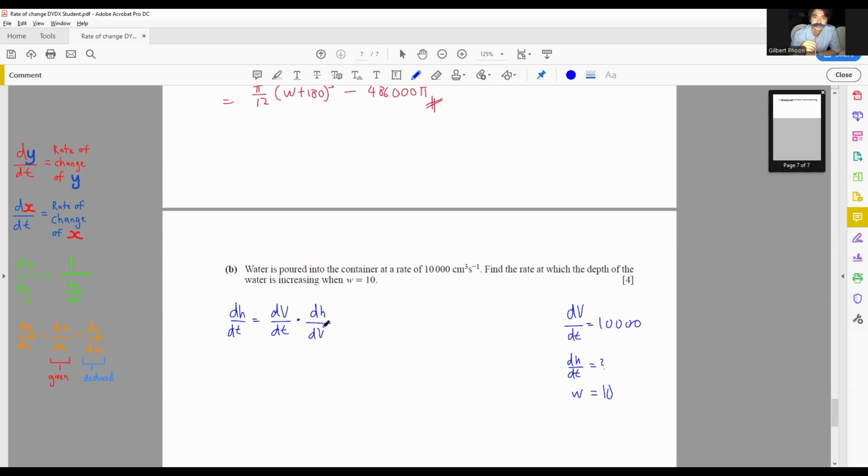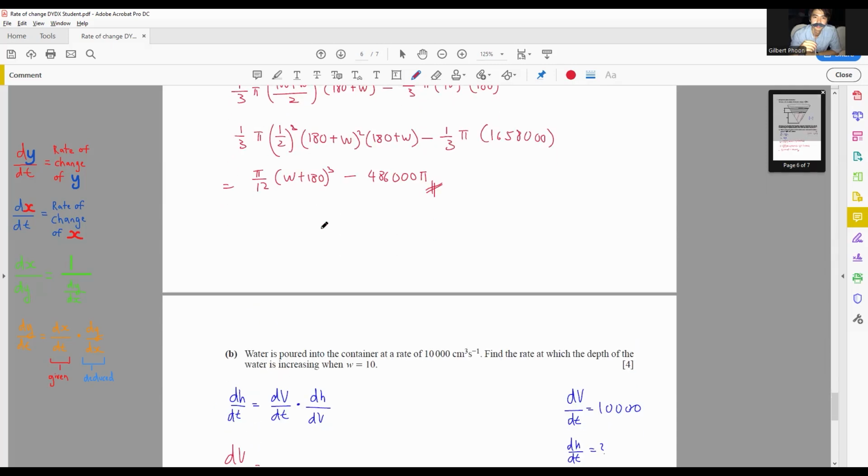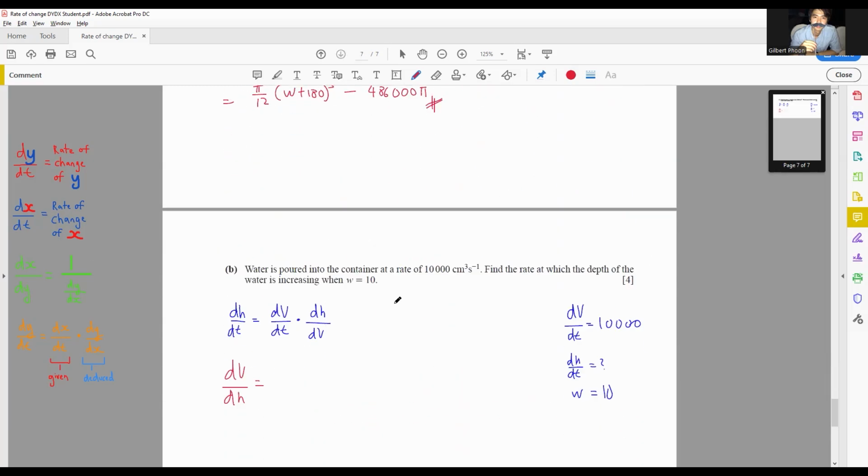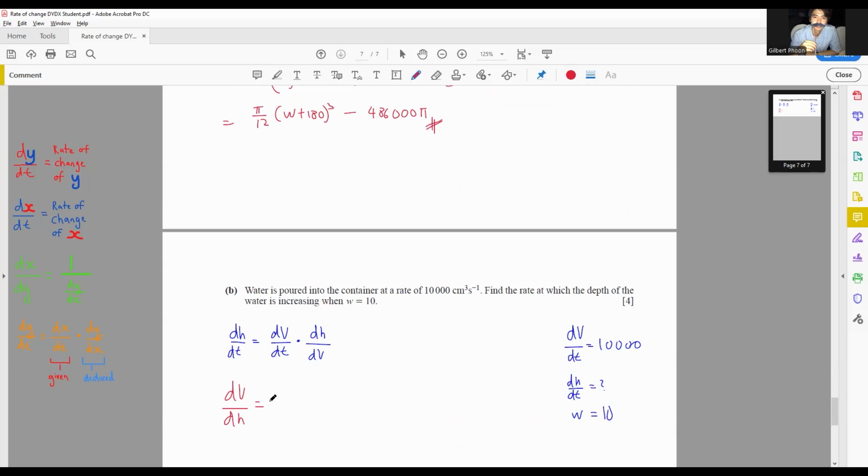So this is the reciprocal of differentiating volume in terms of W. Therefore, dV over dW is equal to differentiating volume in terms of height, which is in W. So you would have gotten pi over 12 times 3, then (W plus 180) squared, which simplifies to pi over 4 (W plus 180) squared. Differentiating the constant becomes nothing.